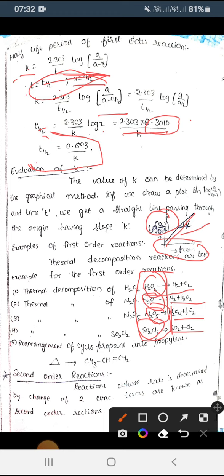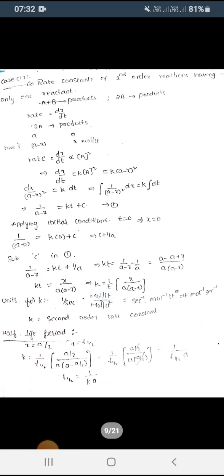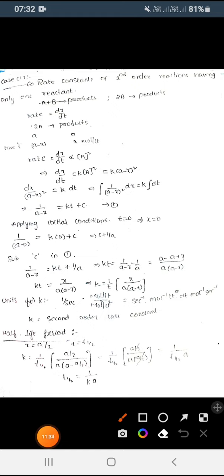Now let us see the second order reaction. A second order reaction is a reaction whose rate is determined by the change of two concentration terms. Over here the rate depends upon two concentration terms, so we call it a second order reaction. We have two cases for a second order reaction.